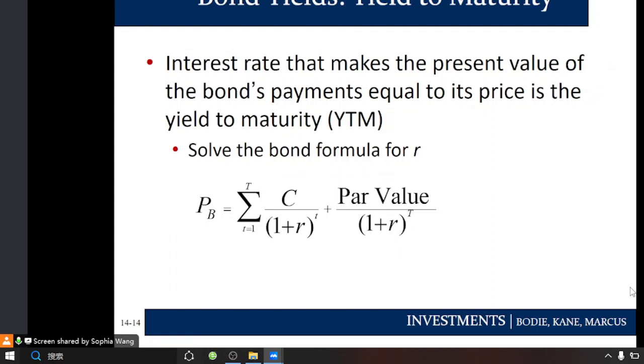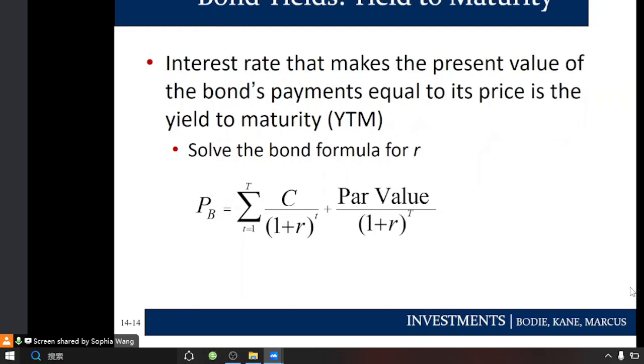And actually, I will introduce one more concept: the interest rate, YTM, yield to maturity. In the previous example, we actually have different interest rates every year, so the small r is different in different years.